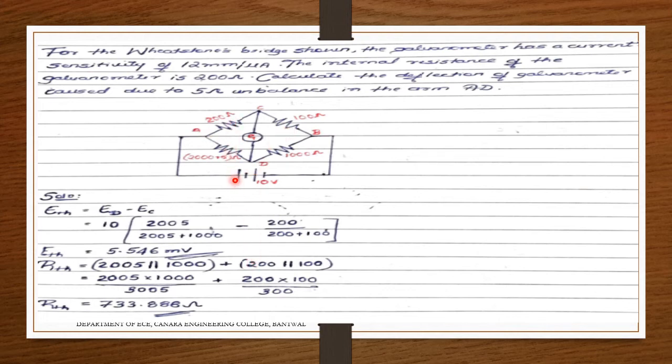So this two will be shorted. This is 2005, and this is 2000.